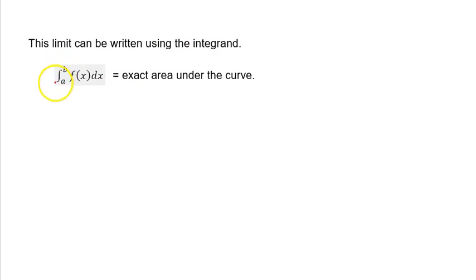And so this integral symbol, this curvy S looking thing over here, means that we're going to get an exact area between a and b. So a would be our starting place and b would be our ending place on the x-axis. The f of x is the function that we're talking about. And then the dx there is part of the notation that you need to write anytime you're writing an integral.